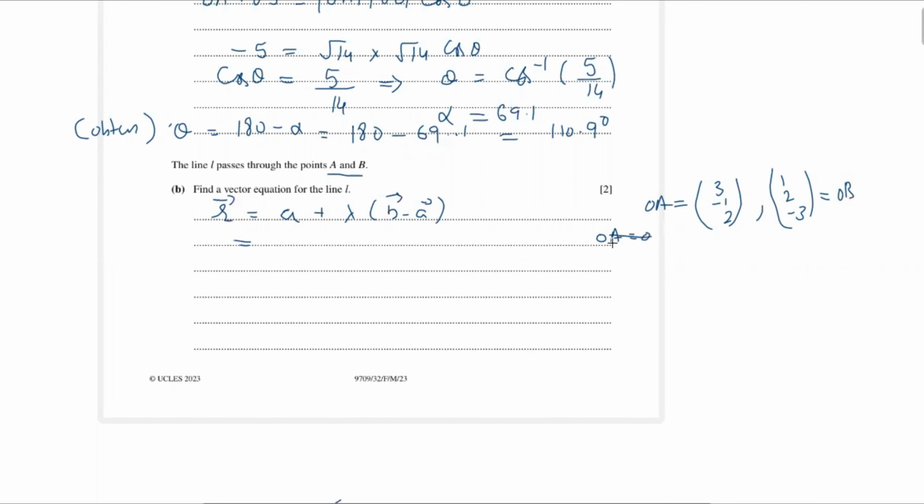Now we can write OA will be equal to 3, minus 1, 2, and lambda is written as it is.